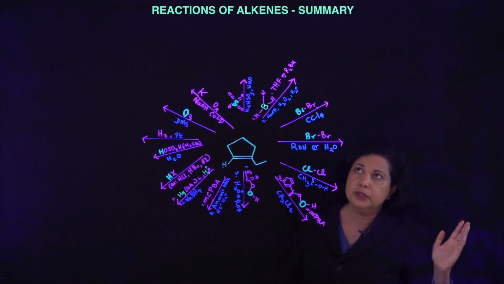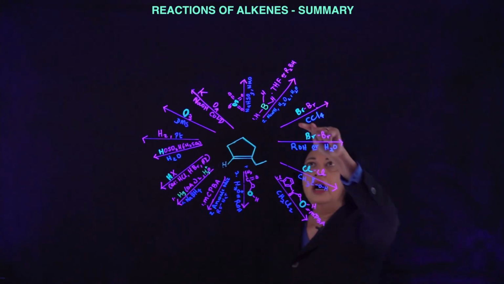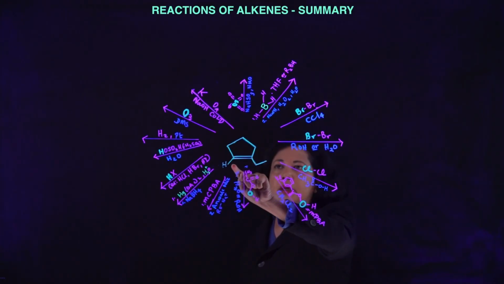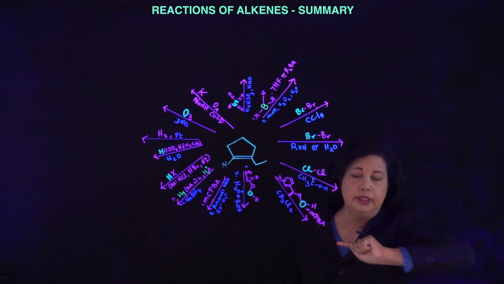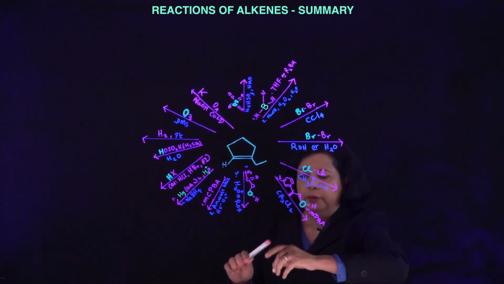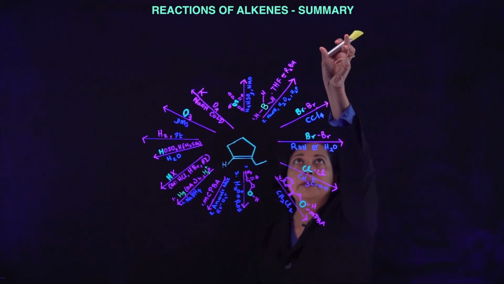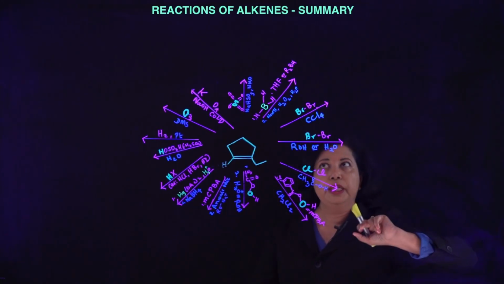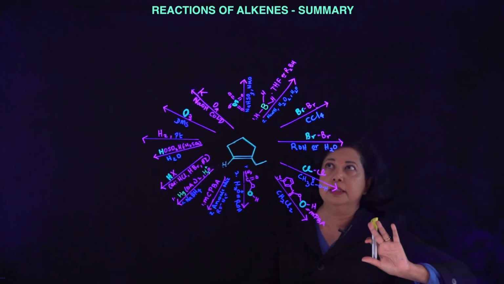Remember, we talked about the steric effects and how the crowded side wants to go to the side where it's less crowded. So it's basically sterics, and I'm going to draw an intermediate, and then I'm going to draw the two products for each one as much as possible.